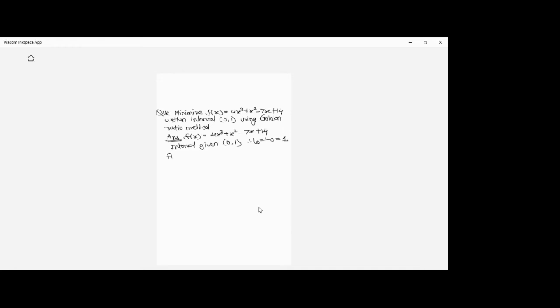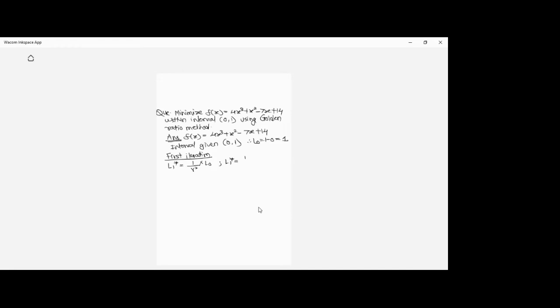Now let's start with our first iteration. In the first iteration, what formula are we going to use? Our formula will be L1 star equals 1 upon R square into L0, right?